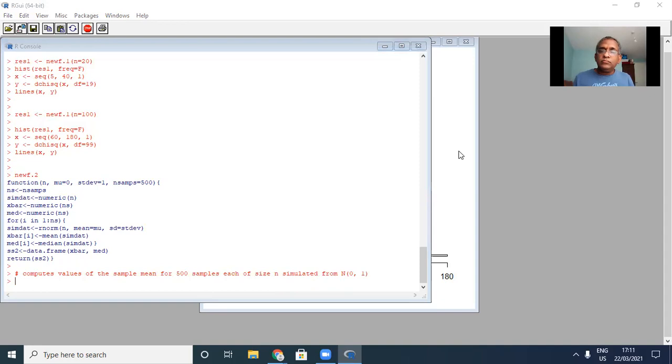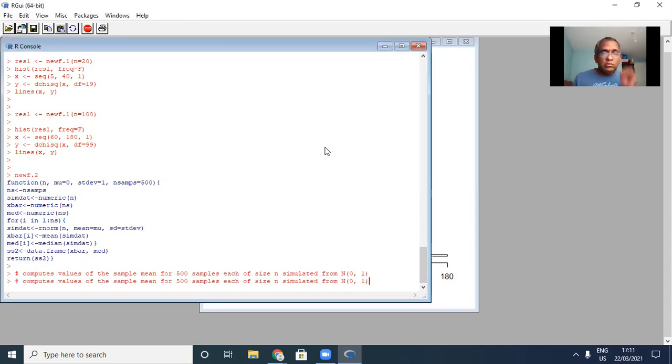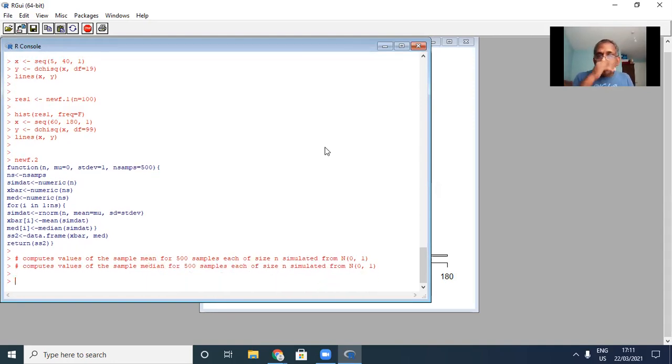Okay. And it also computes the sample median. So there are two things it does. It computes the sample mean and the sample median for 500 samples, each of size n, simulated from the standard normal, right?